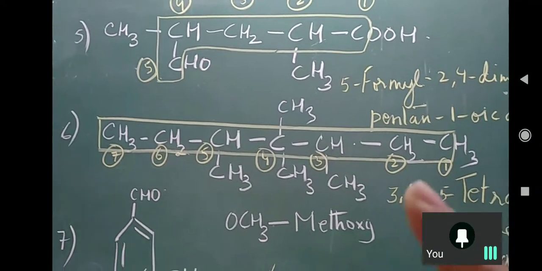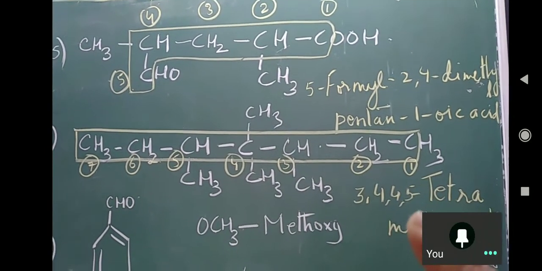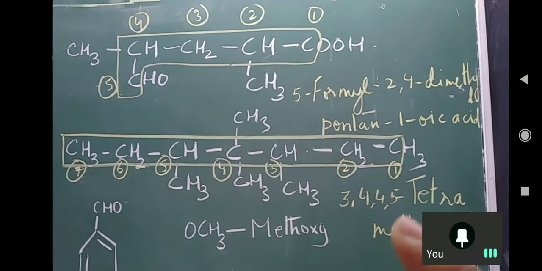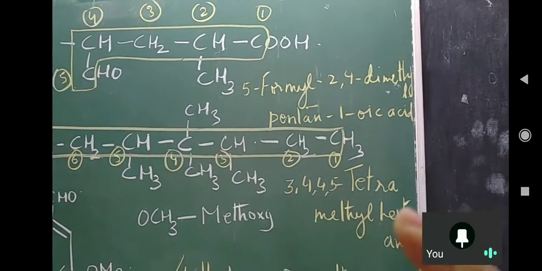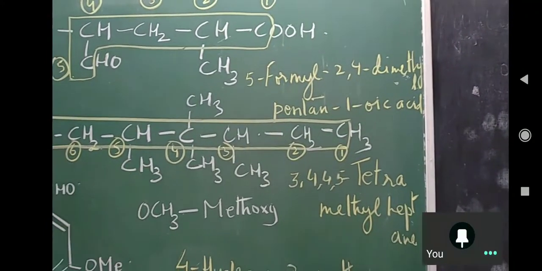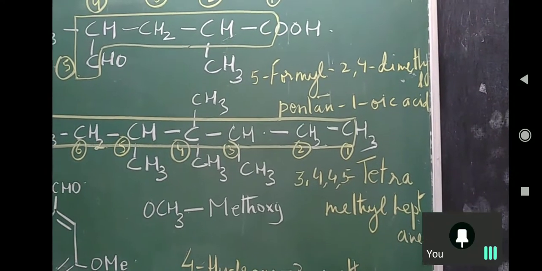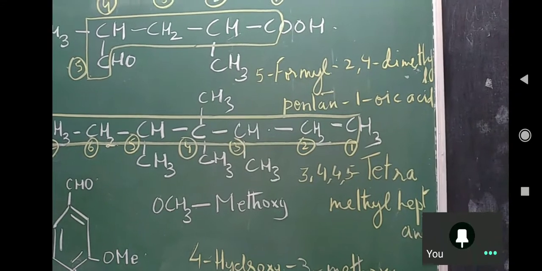So it will be 3, comma 4, 5. 3,4,4,5 hyphen, then tetramethyl heptane. 3,4,4,5 tetramethyl heptane. Okay.